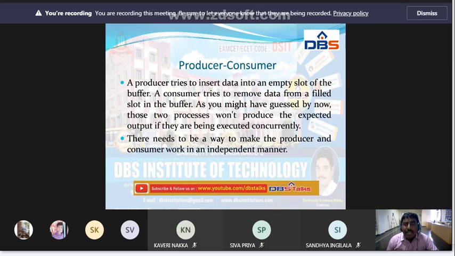A consumer, on the right hand side, tries to remove data from a filled slot in the buffer. For an empty slot, the producer tries to insert data, while the consumer tries to remove data from a slot. As you might have guessed by now, those two processes won't produce the expected output if they are executed concurrently.